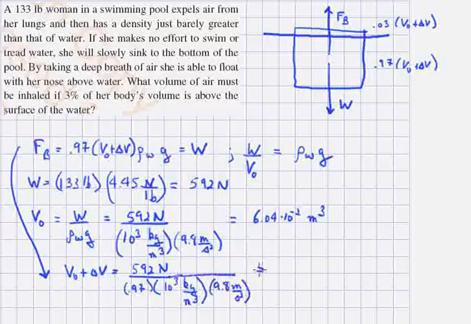So V naught plus delta V computes out to be 6.23 times 10 to the minus 2 cubic meters.